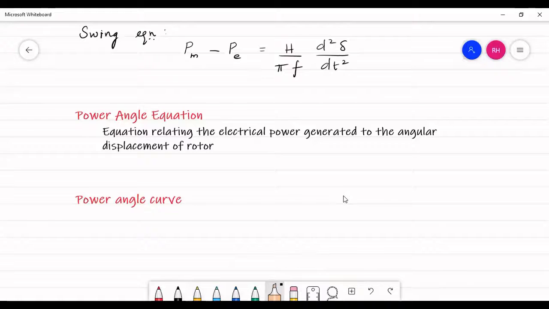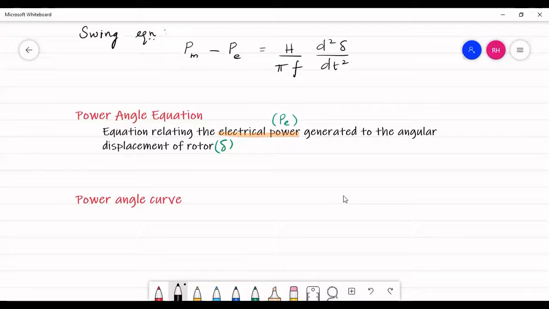The equation that relates electrical power with the angular displacement of the rotor, delta, is known as the power angle equation.